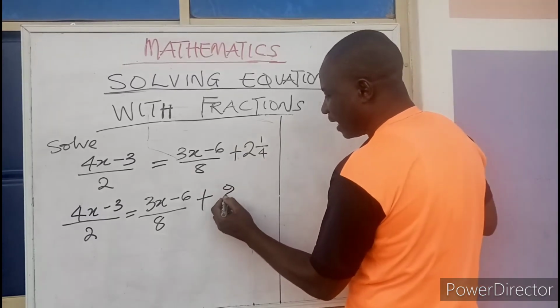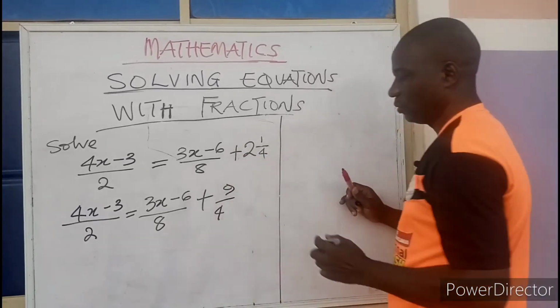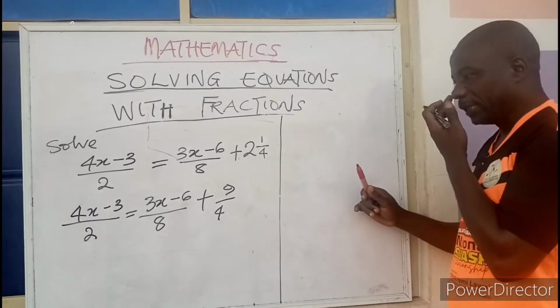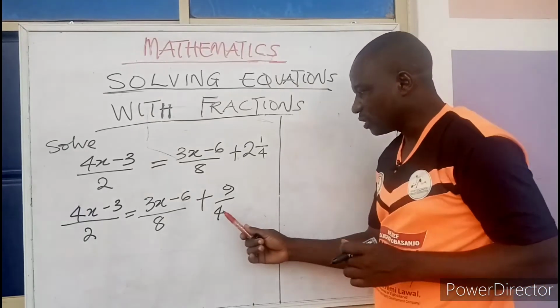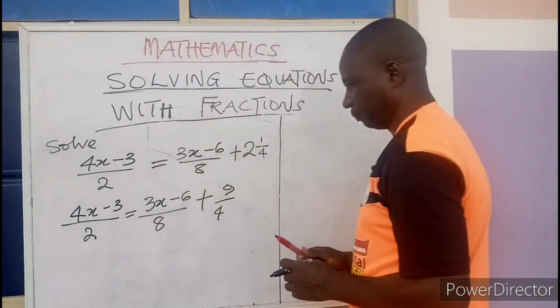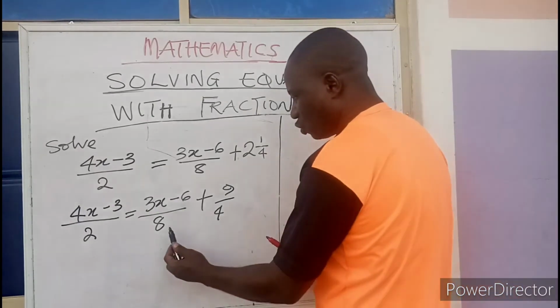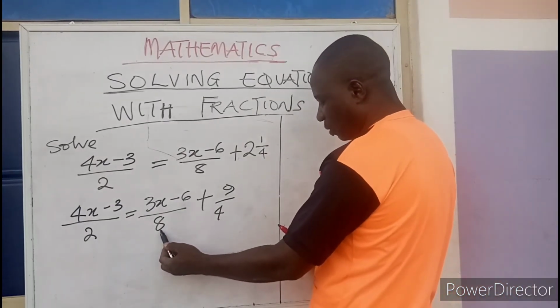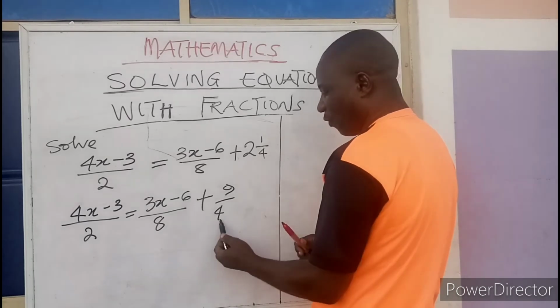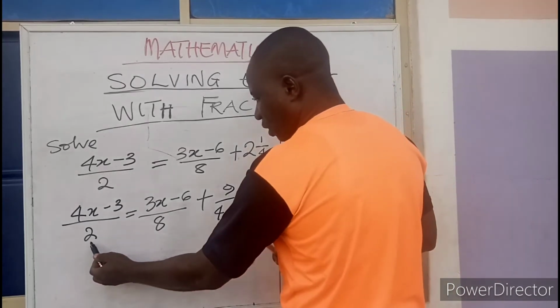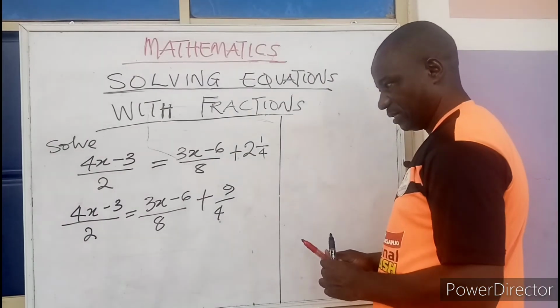That is 9 all over 4. Good. 9 over 4. Now the next thing you are going to do is, what is going to be the LCM? The LCM, of course, is going to be 8, because 8 can go in itself. Good. 4 can go in 8, and 2, of course, can go in 8.